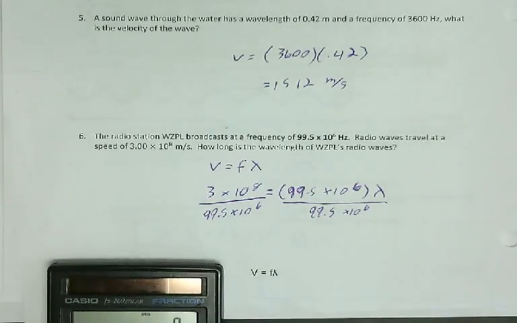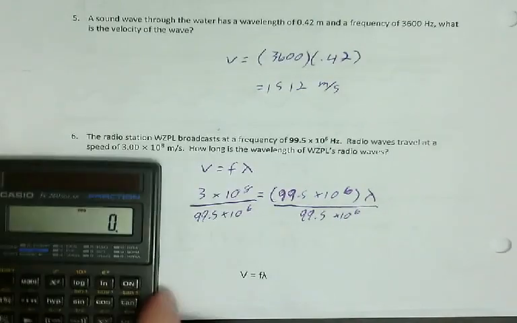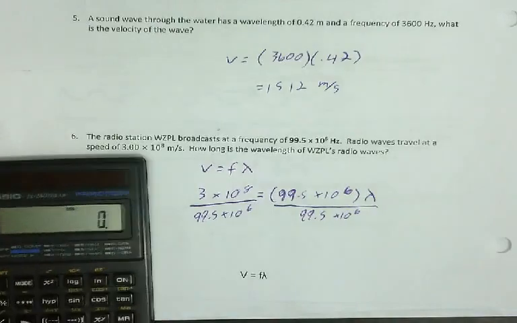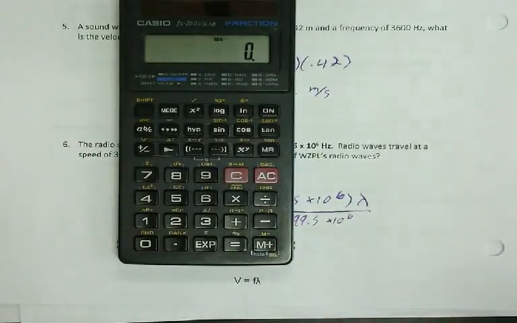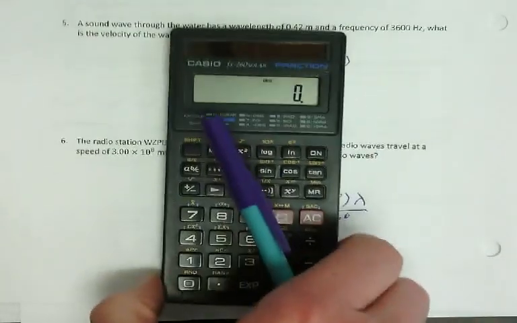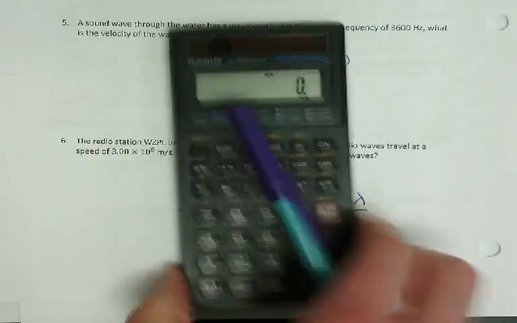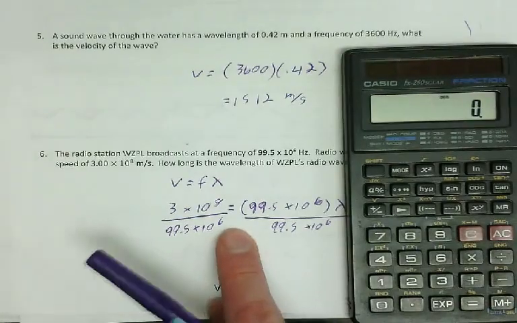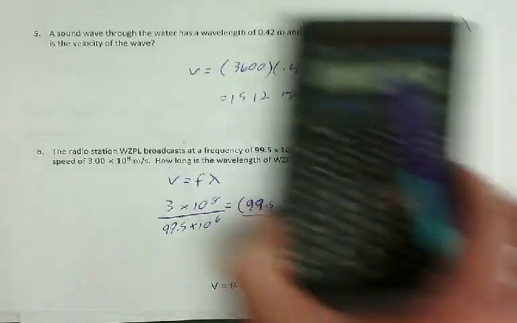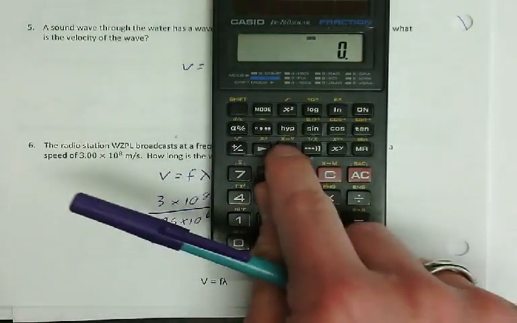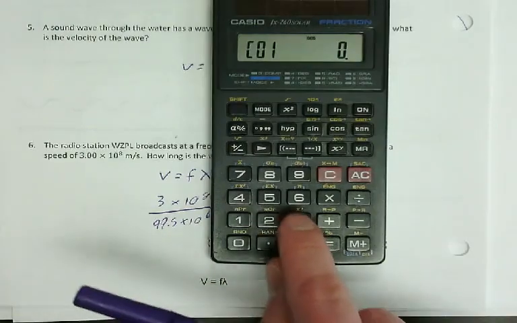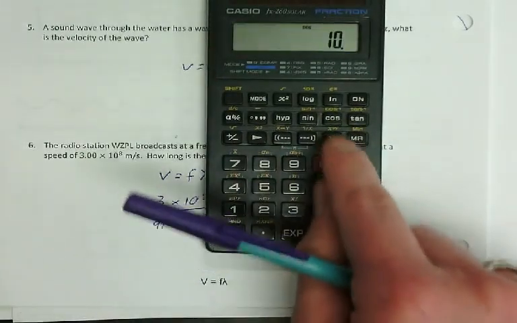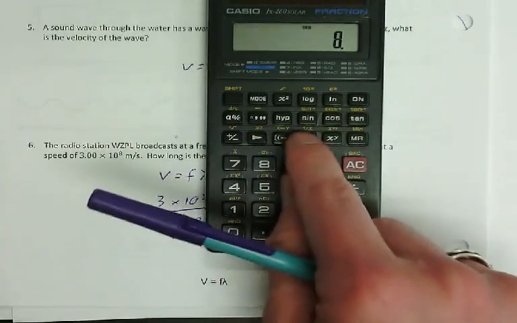Okay? And then you want to put this in your calculator. If you're having trouble putting it in your calculator, here's my suggestion: put everything in parentheses. I've got to do 3 times 10 to the 8th divided by 99.5 times 10 to the 6th. So I would put it in like this. Parentheses, 3 times 10 power 8 in parentheses.